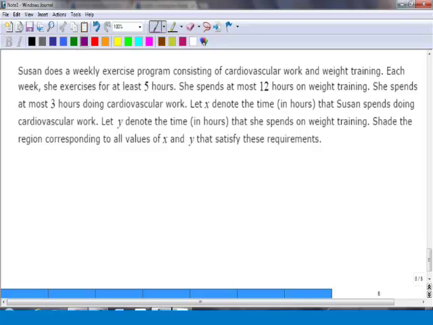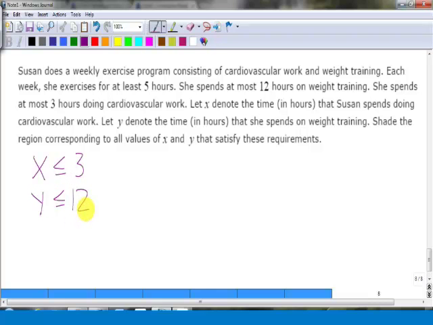So X is the time in hours Susan spends doing cardiovascular work, and at most means less than or equal to, right? At most, no more than, less than or equal to. So X is less than or equal to 3. At most 12 hours on weight training, so Y is less than or equal to 12.